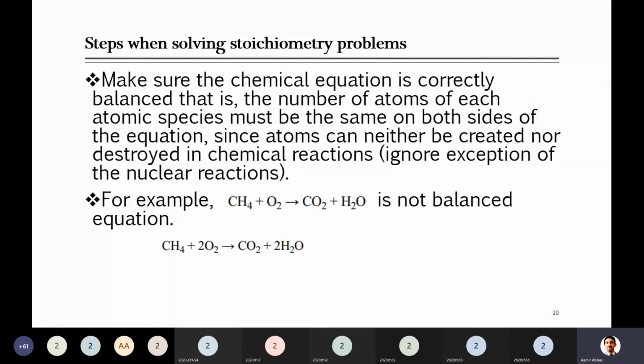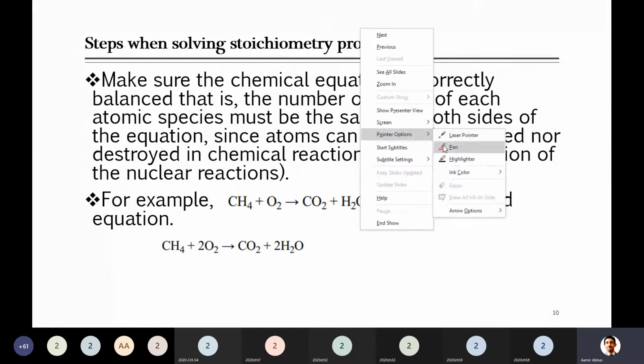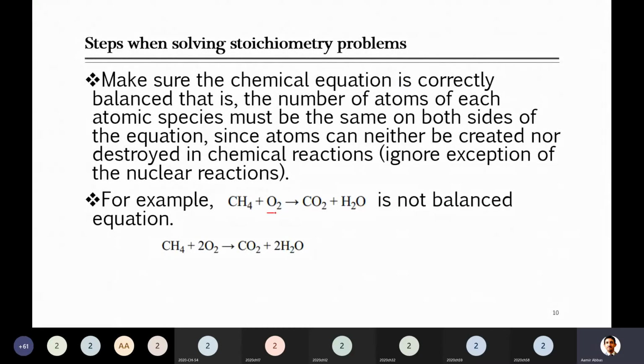So next, look at the oxygen. There are 2 oxygen on the reactant side. I'm looking at the first equation, not the second one. In this, you can see there are 2 oxygen. On the other side, I have multiplied by 2 in order to balance the hydrogen.